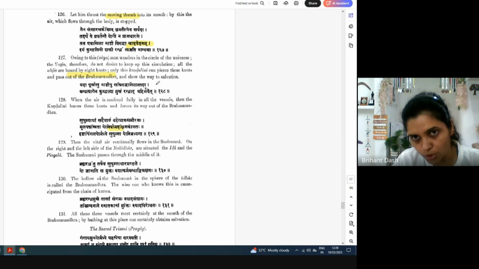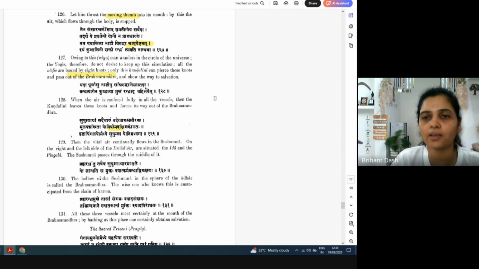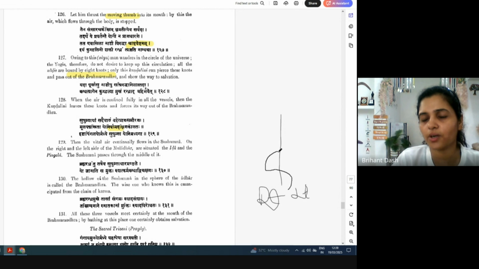On top portion of this Sushmana, which is coming from the center, Ida and Pingla, this is your Sushmana, this is your right side, left side, this is your Ida, this is your Pingla.